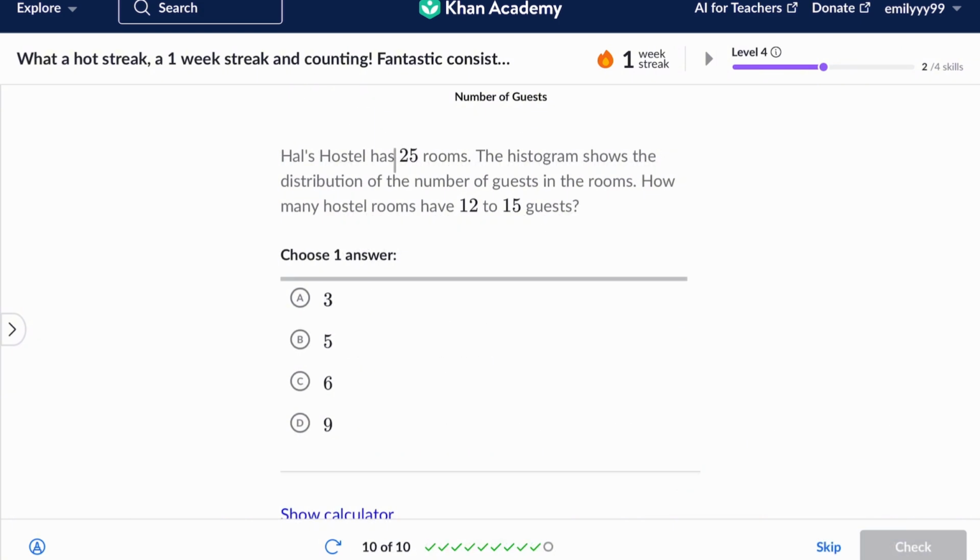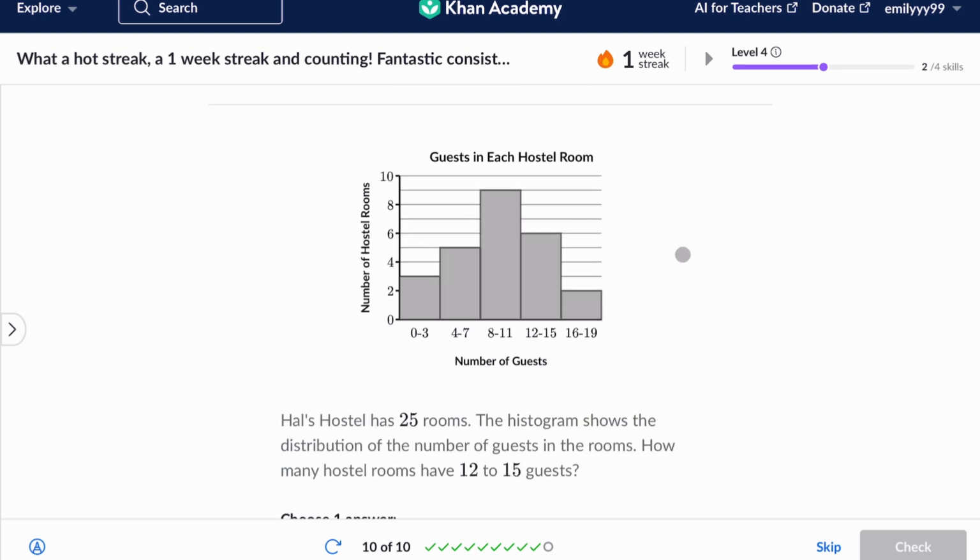Hal's hostel has 25 rooms. The histogram shows the distribution of the number of guests in the room. How many hostel rooms have 12 to 15 guests? If we look at the histogram, all we have to look for is how many hostel rooms have 12 to 15 guests.